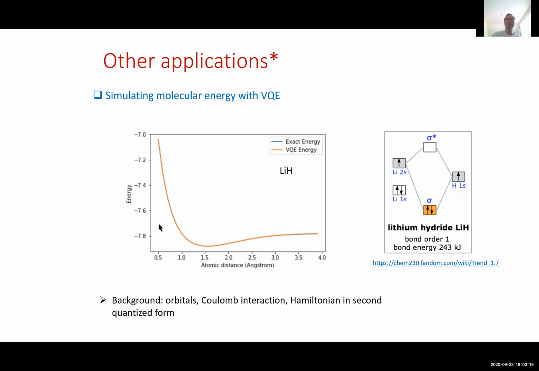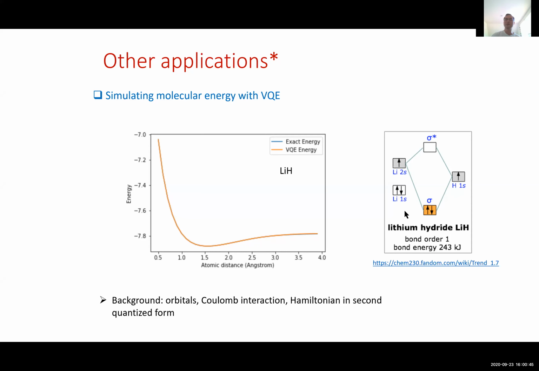There's a question from the chat. How do you simulate molecular energy since the Hamiltonian is infinite dimensional? Yeah, so we will discuss that. You would choose a finite set of orbitals, so your Hilbert space is not infinite. Of course, if you want to solve the problem exactly, you would have infinite dimension, but you know which orbitals are most important.